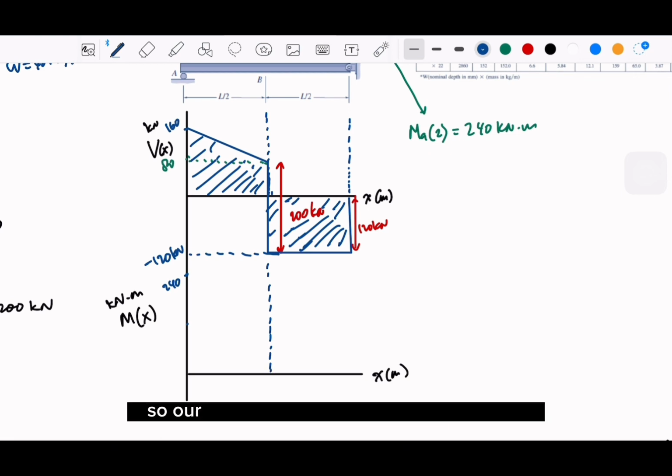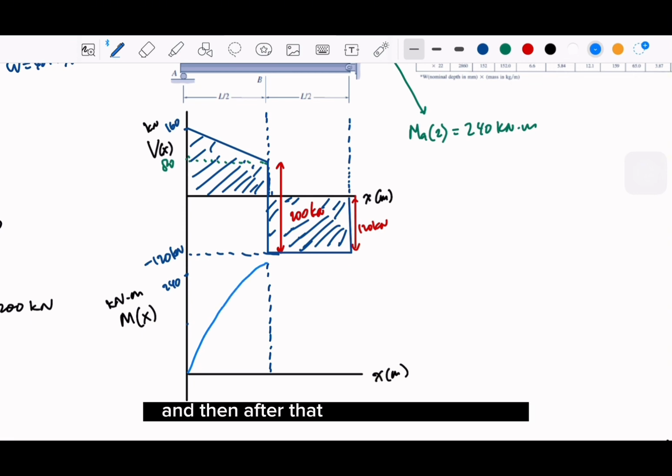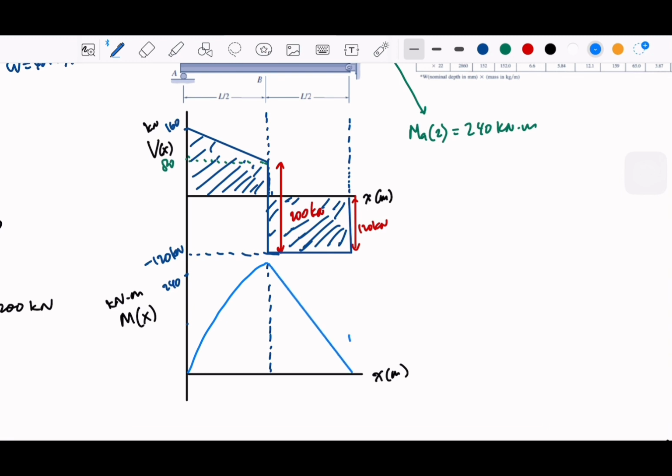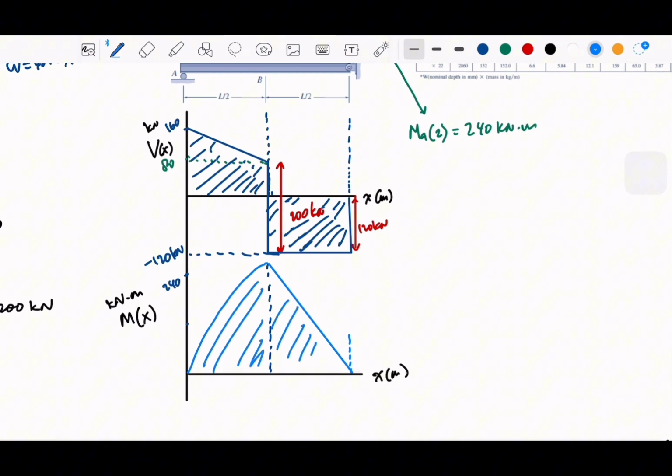So our graph, let me write with the light blue, goes to that, and then after that we have just a linear equation up until this point. And this will be our moment diagram.